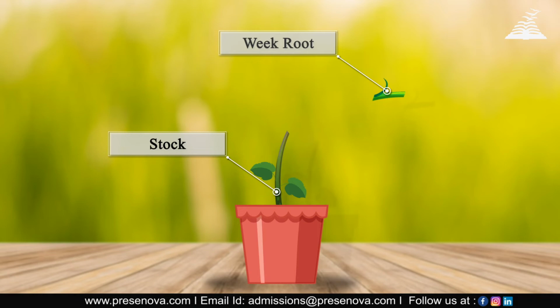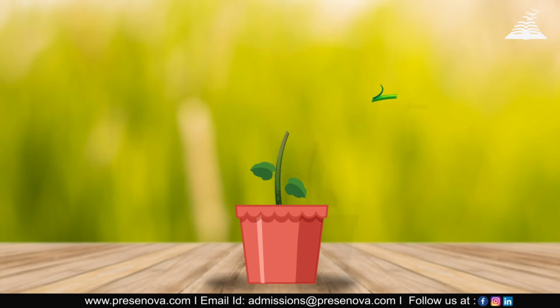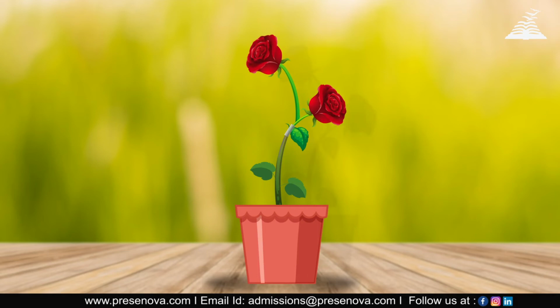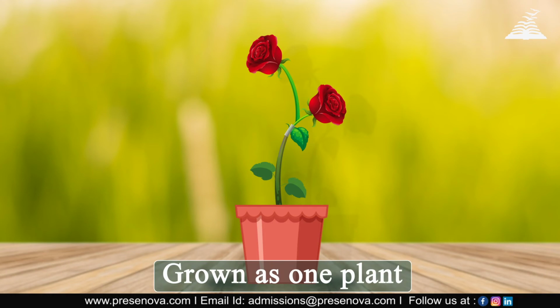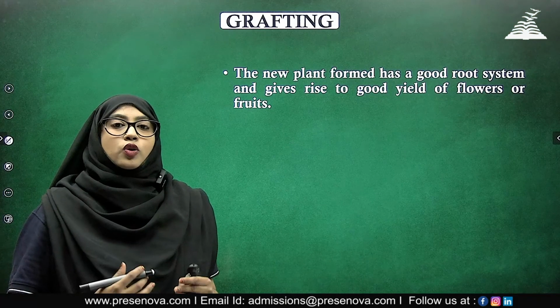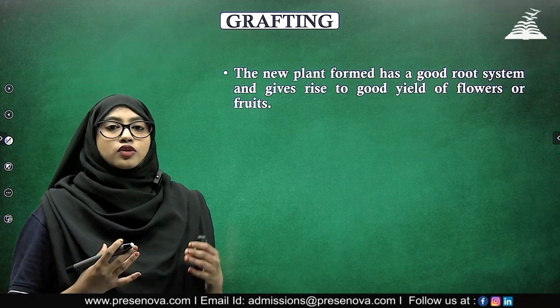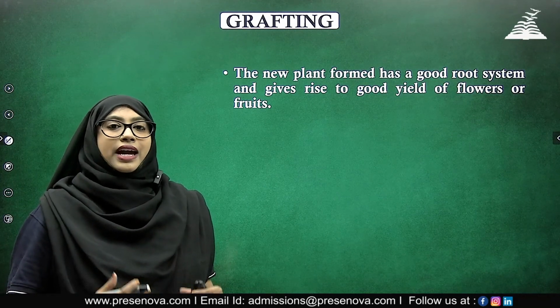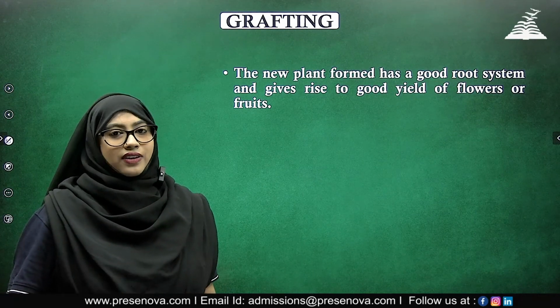These two parts of the two different plants are taken and joined together so that they are in direct contact with each other and can grow as one plant. So they are tied and grown as one plant. The plant grown by this grafting method has a good root system and it can bear a good yield of fruits and flowers.